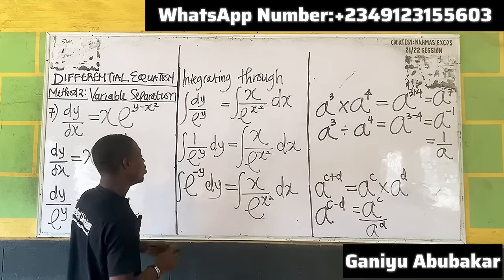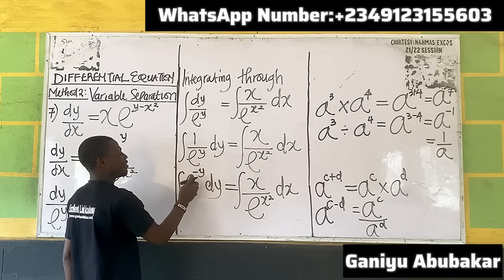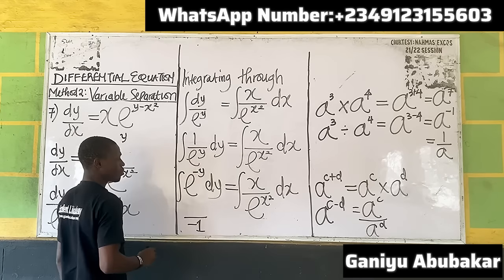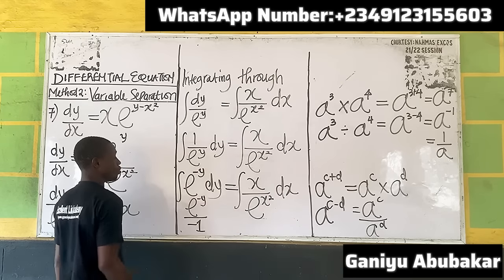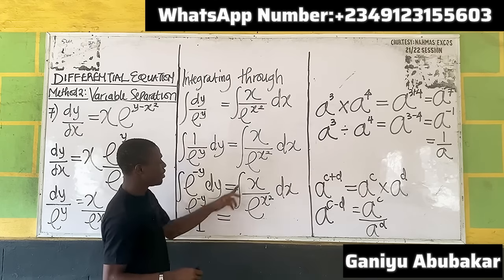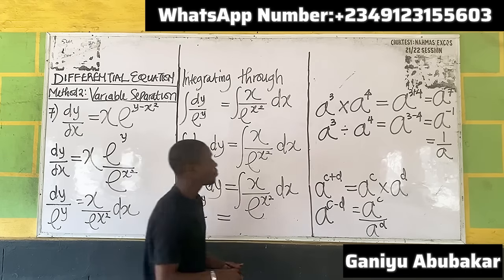We have done this already. We said if I want to integrate an exponential function, differentiate the power. If I differentiate minus y, that gives you minus 1. Repeat the function, exponential minus y. That's all. Now, how do we integrate the right-hand side?